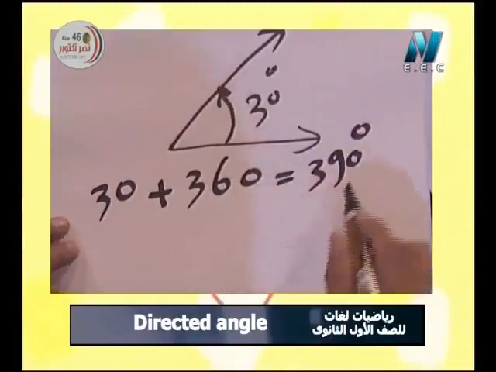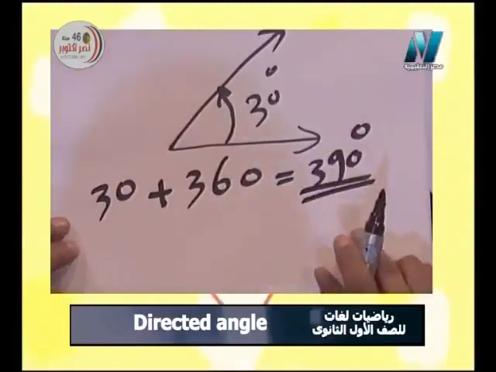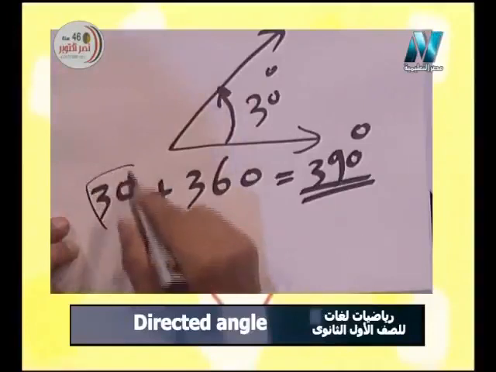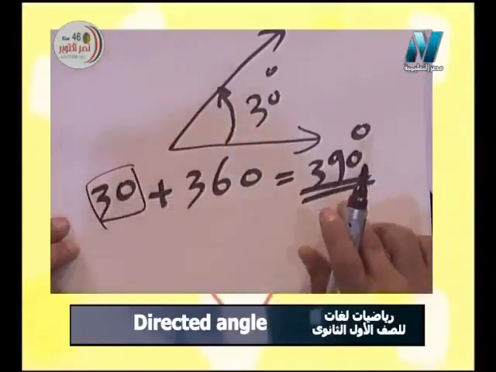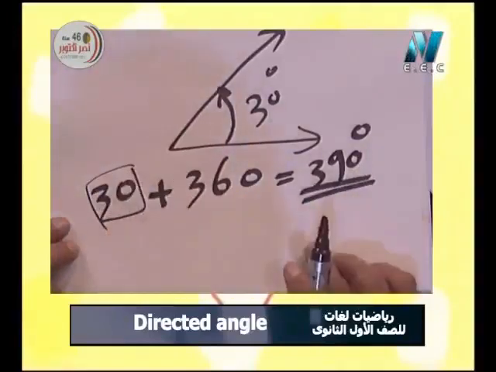So the angle 390 degrees is equivalent to the angle 30, or coterminal to the angle 30.